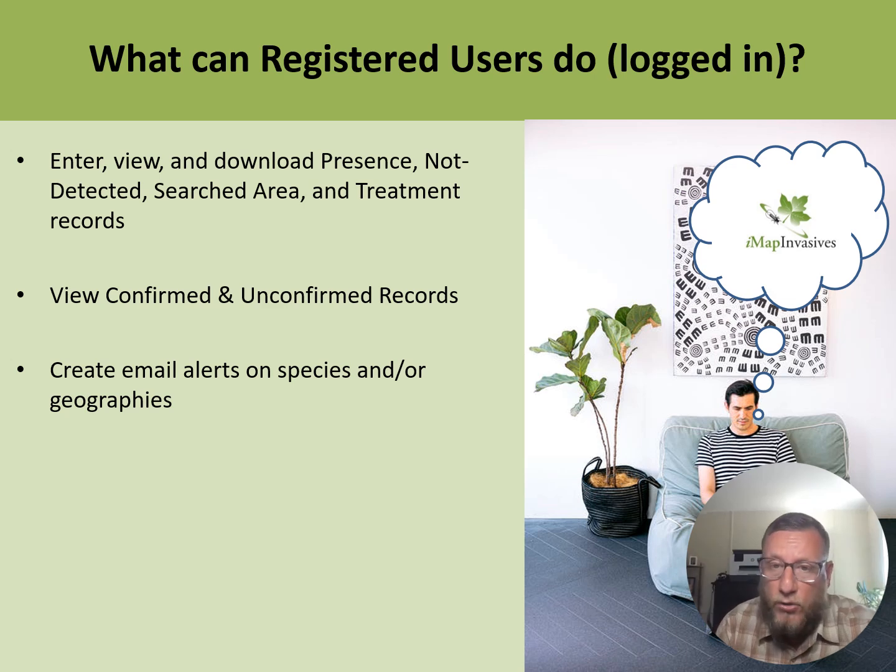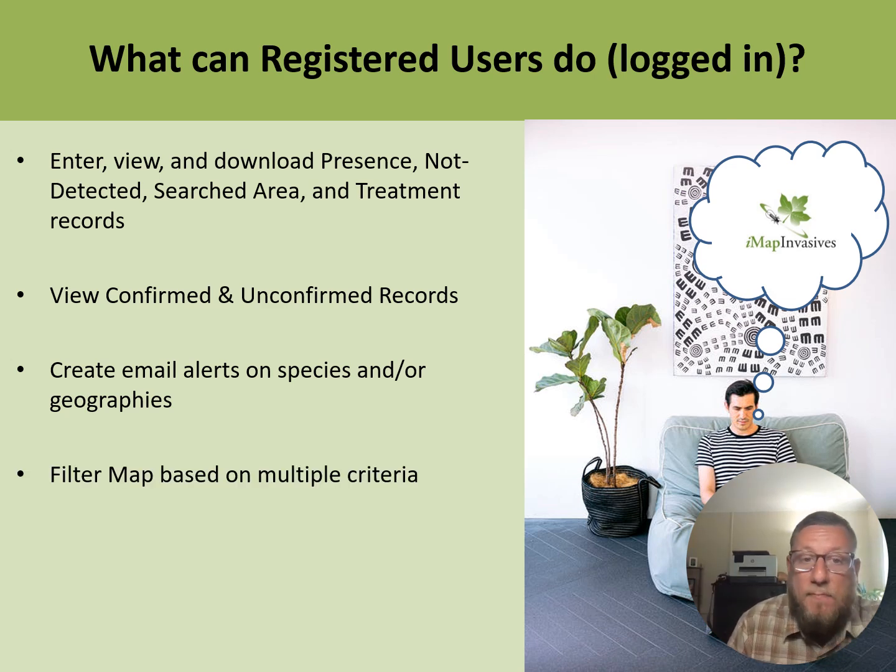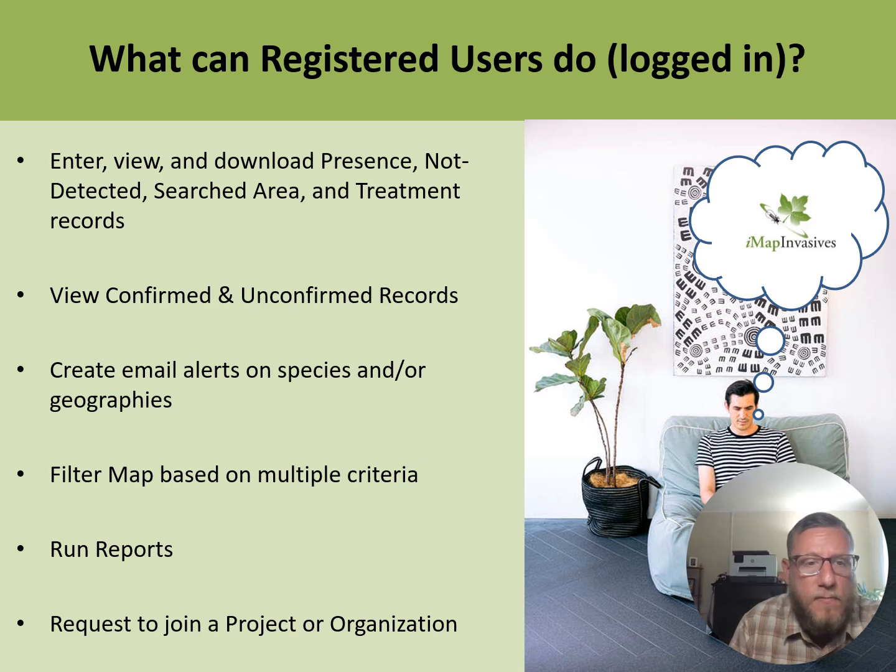So you can actually set up alerts that you'll get an email notification based on different criteria that you're interested in, whether that's certain species coming close to your geographic location or your area of interest, or new species in maybe a county or a town, for example. So it's pretty useful. You can filter the map based on multiple criteria based on Maine's interests. You can also run reports. You can export tables and make a lot of neat figures and graphs from those tables, or just analyze the data. You can request to join projects and organizations.